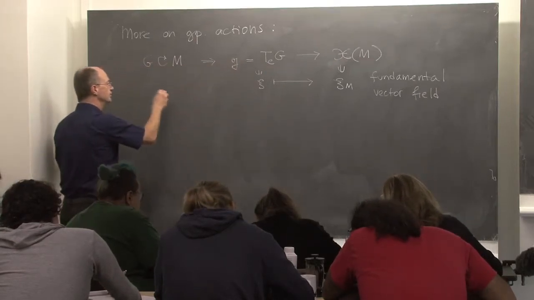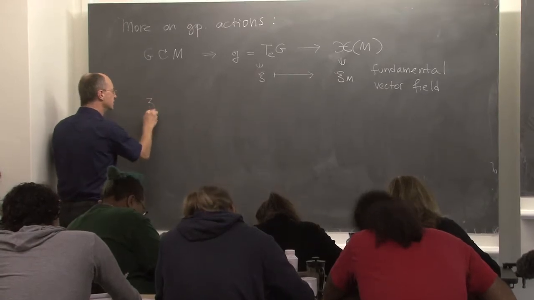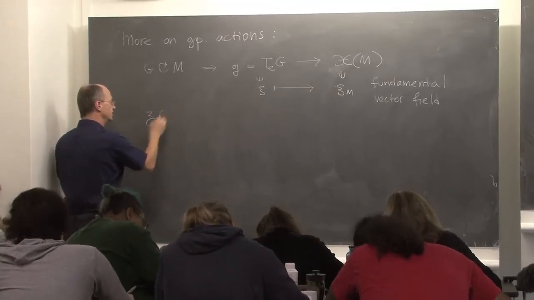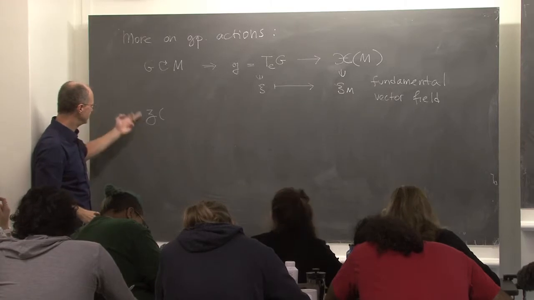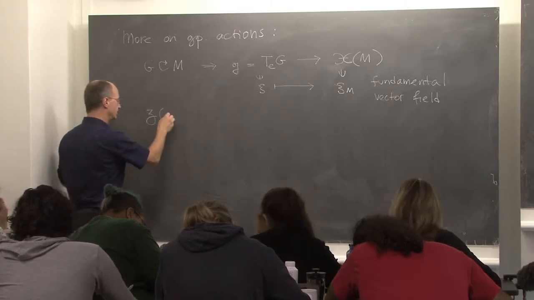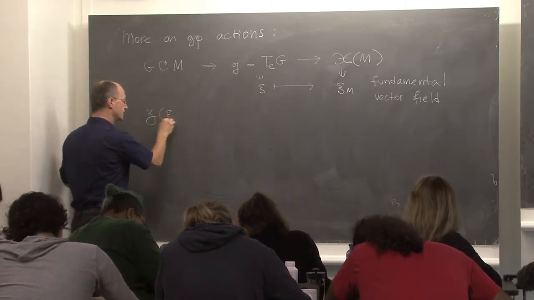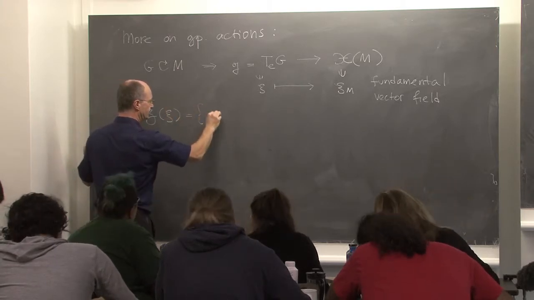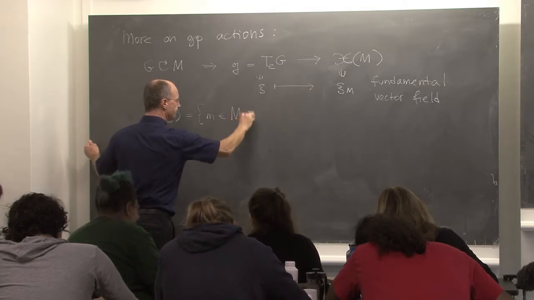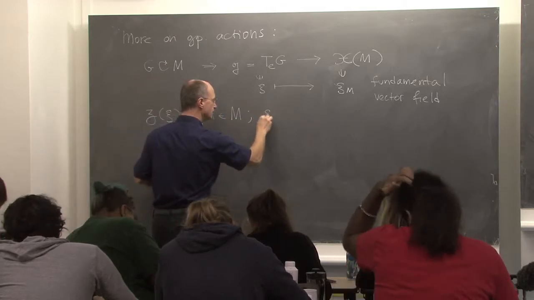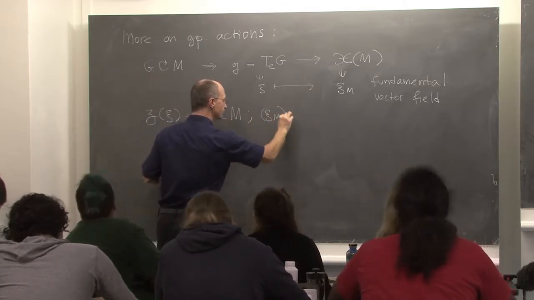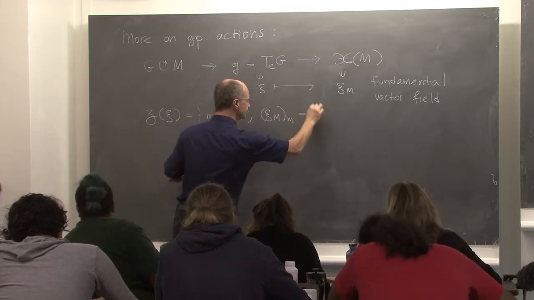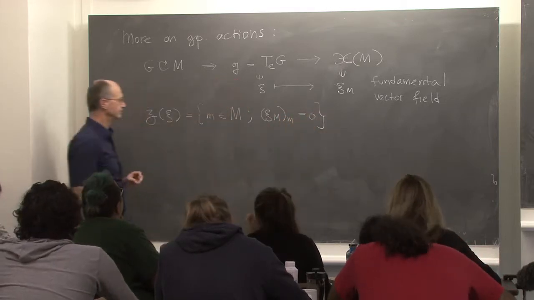So in fact, what we can introduce is the following set. Let me call it this kind of calligraphic Z letter. So Z of Xi will be the set of points of M where the corresponding fundamental vector field vanishes.